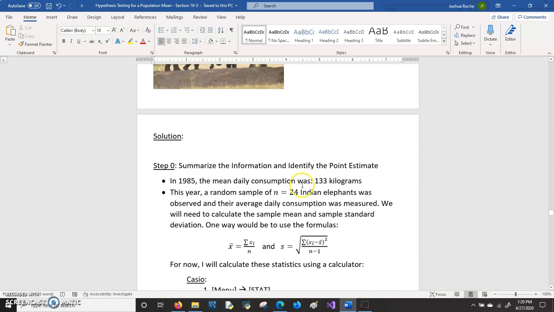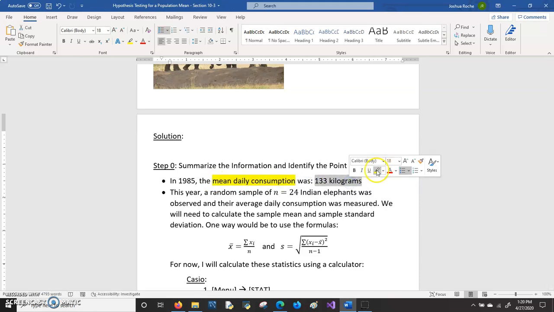So, we'll start with step 0, which is to summarize the information and identify the point estimate. In this study, they're comparing two different time periods. In 1985, they know that the mean daily consumption for elephants was 133 kilograms. And they're comparing that to the amount of consumption for elephants this year, currently.